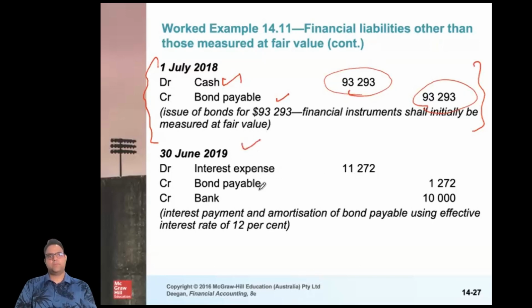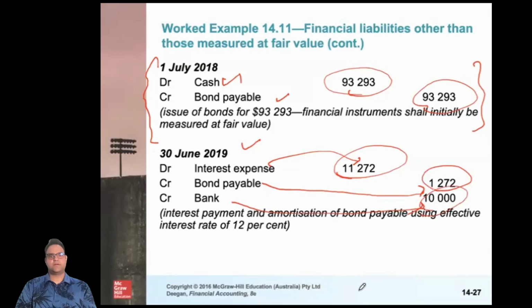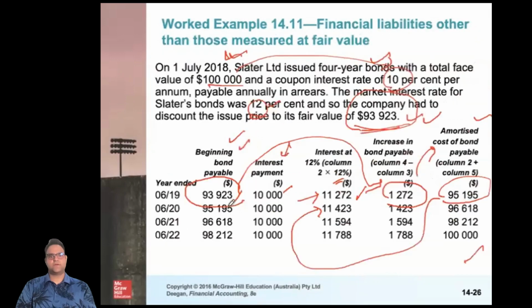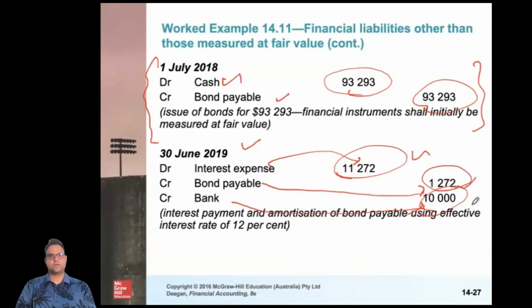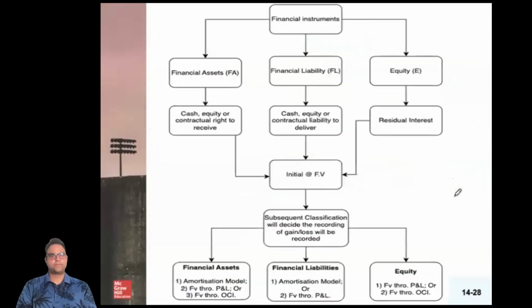After 1 year, we make a payment of 10,000. Out of that, the amount payable is 1,272. Our total interest expense is 11,727. All these three figures are already given in figures 1, 2, and 3, so we just put them here in the journal entries.